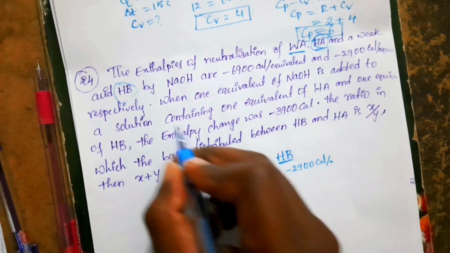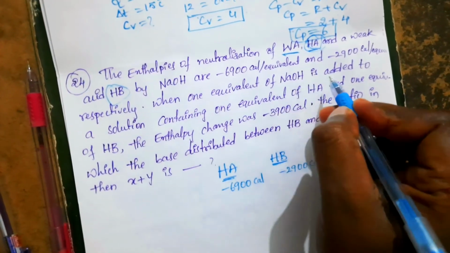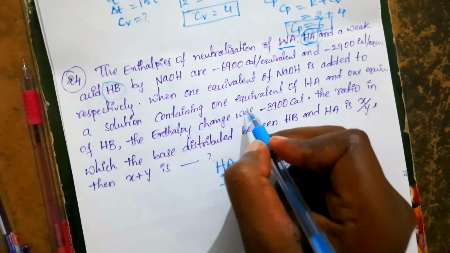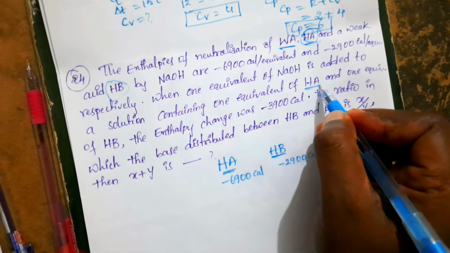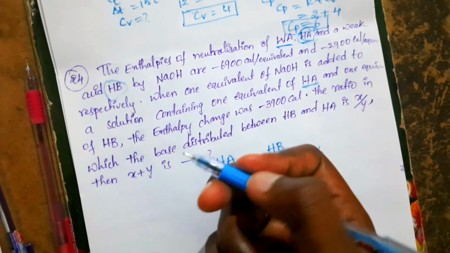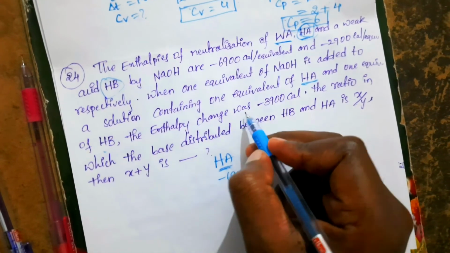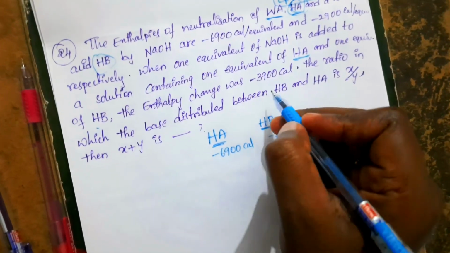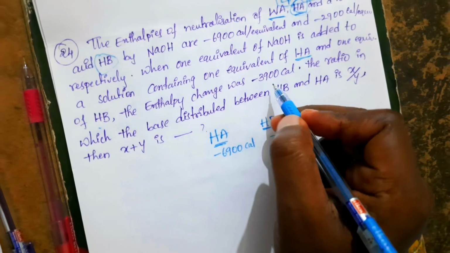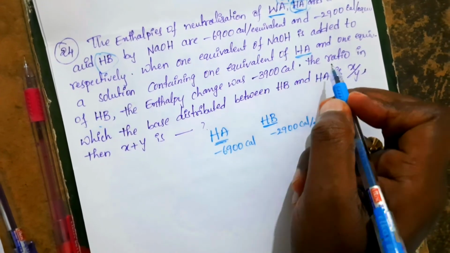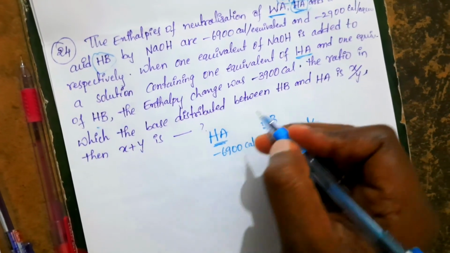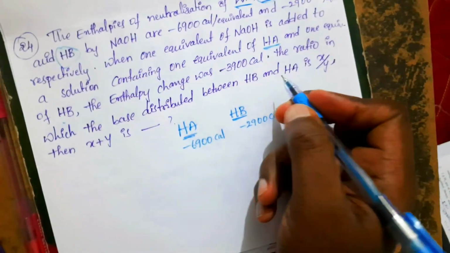What they are asking: when one equivalent of NaOH is added to a solution containing one equivalent of weak acid Ha and one equivalent of weak acid Hb, the enthalpy change is 3900 calories.